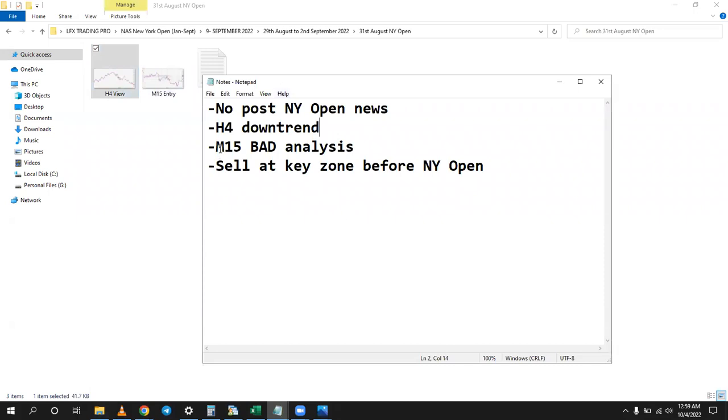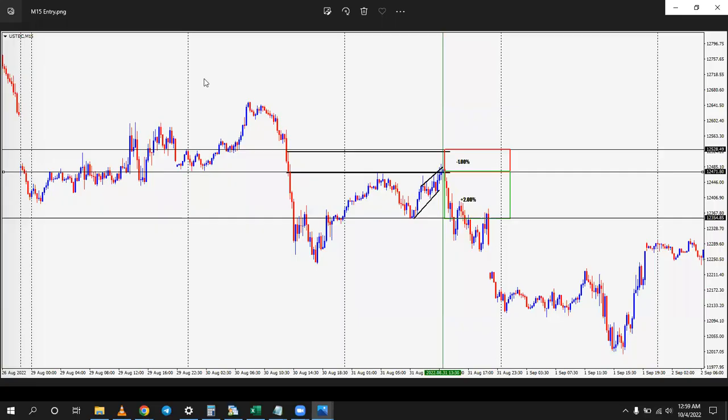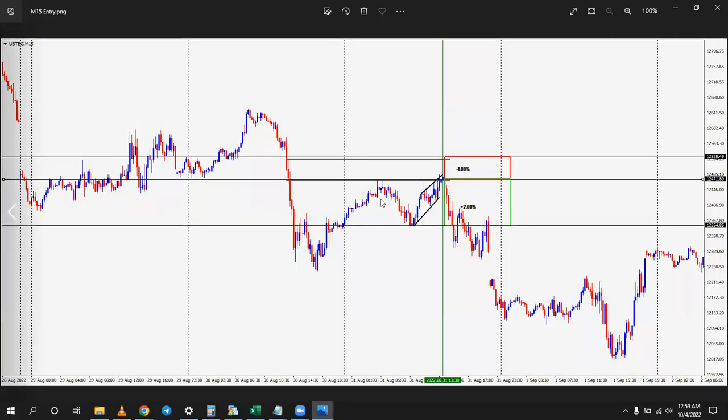So now in my M15, we're able to identify an SOP, the bad analysis. So let me open the M15. So now what we see here was a perfect setup. We had the breaker, then approach of price, and you can notice price was already at a decision point.